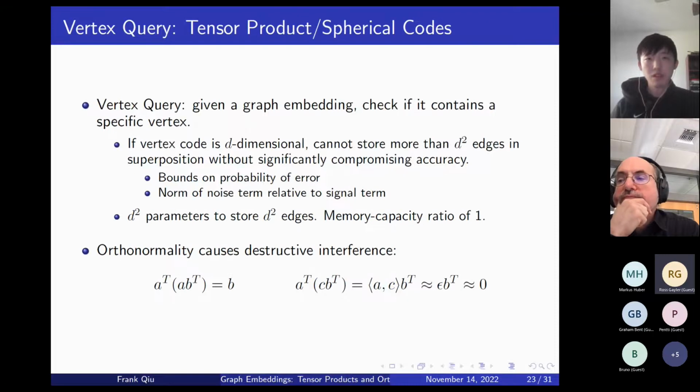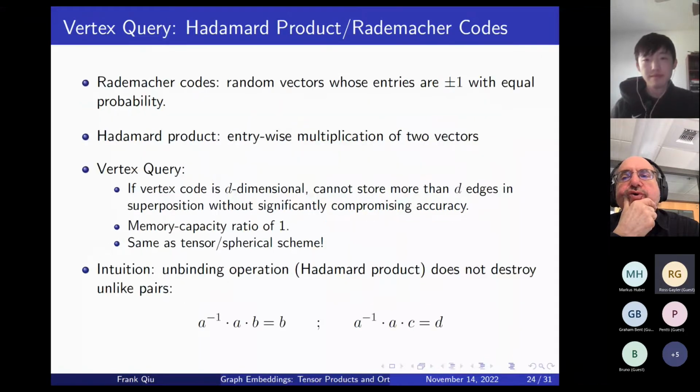So that bit down the bottom there, what you're basically saying is that because you've got orthonormality, you are effectively destroying unwanted terms in the result. Exactly. And then the following slide, you're saying that if we do a Hadamard product, they just hang around as weird noise terms.